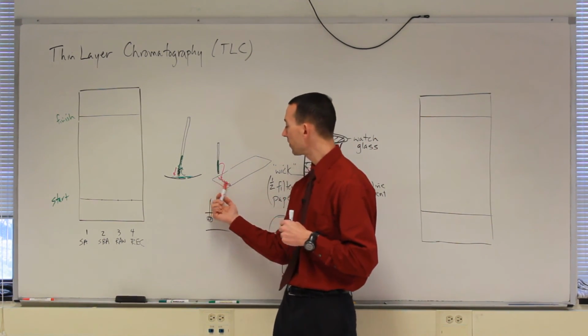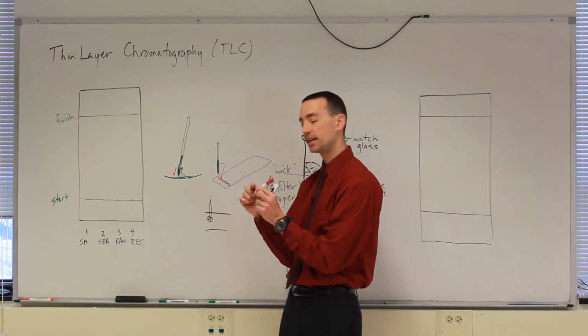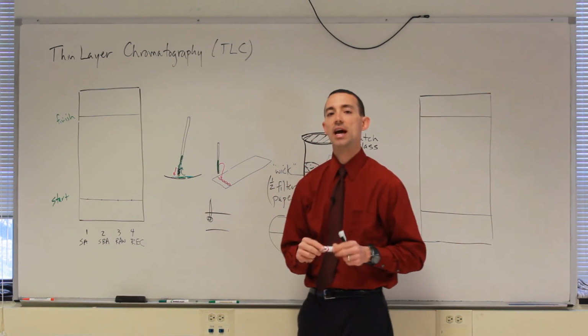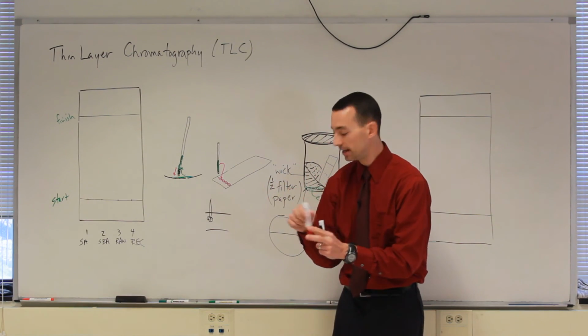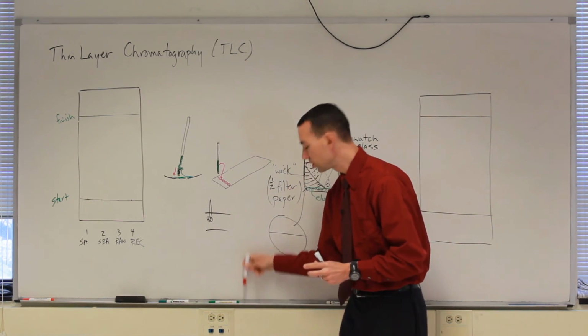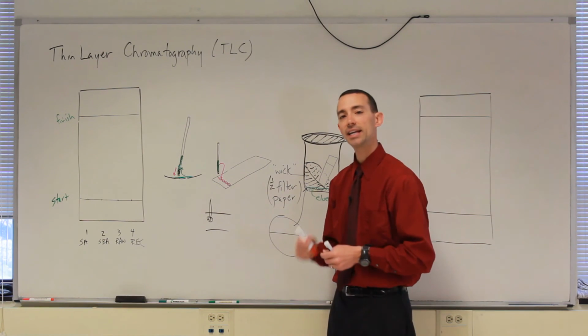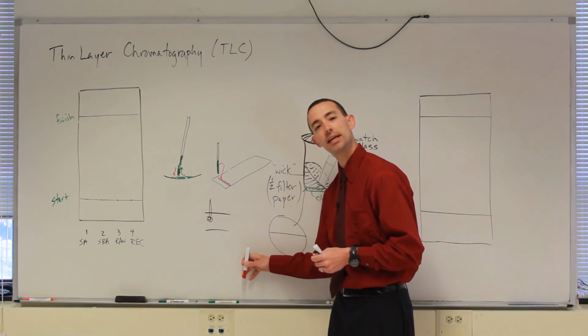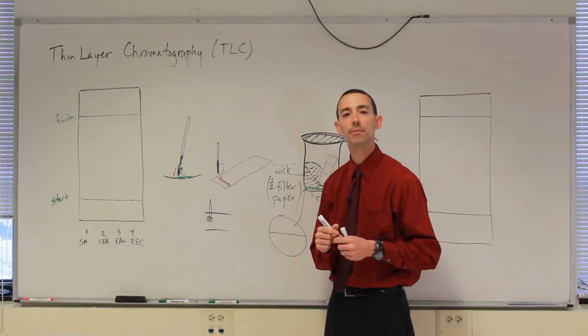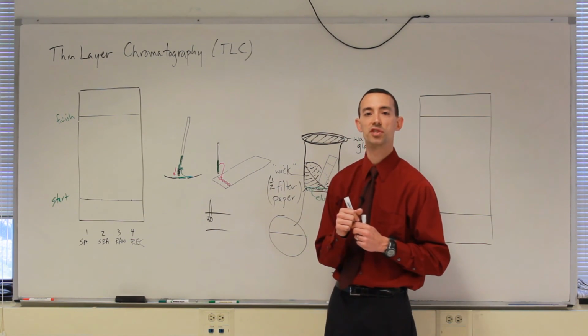So we can't have our spots touching each other. They need to be distinct. And so that's best done by quickly tapping the tube onto the plate, letting that spot dry, and then tapping it a second and third time, right on top of the original first spot.